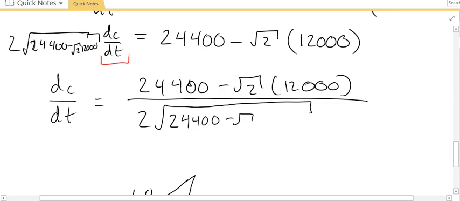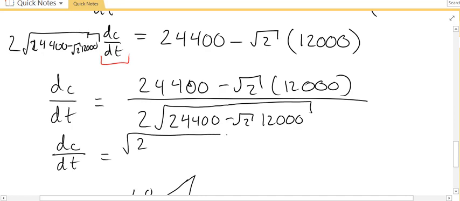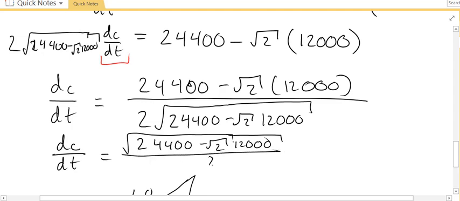Now, since we have the same thing under the radical that we have in the numerator, that's just going to cancel rather nicely. And so what we get is the square root of 24,400 minus the square root of 2 times 12,000, all over 2. And when we do that, we get about 43.1.